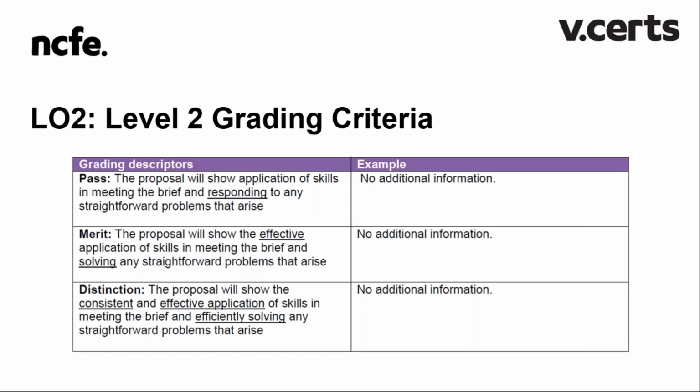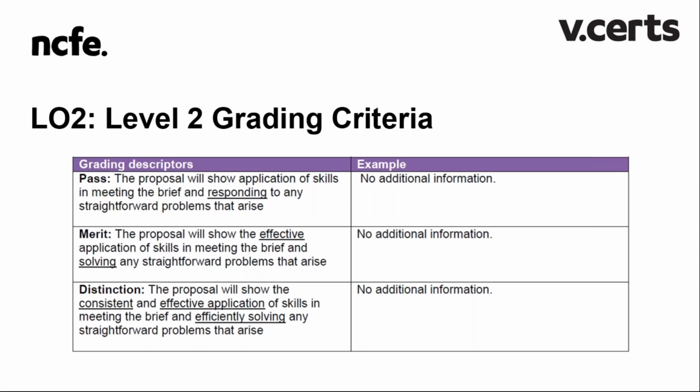So here we can see the level 2 assessment criteria, and you will see that the assessment criteria relies on how well learners respond to problems that would have been interpreted from the given brief. So for example, they will use the given brief and that information to plan their own responses within their proposal.